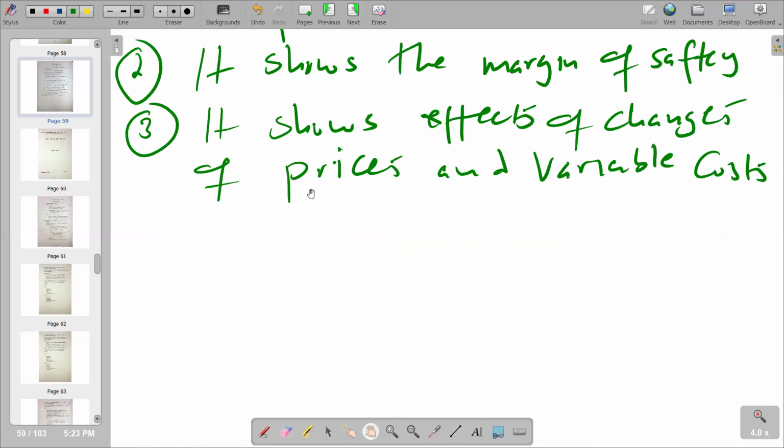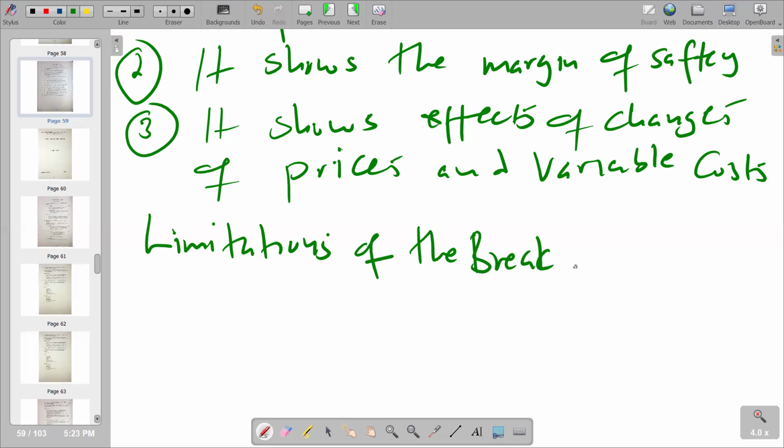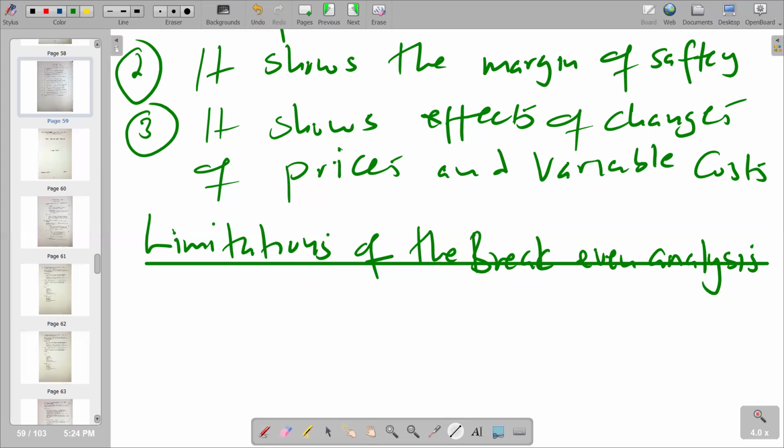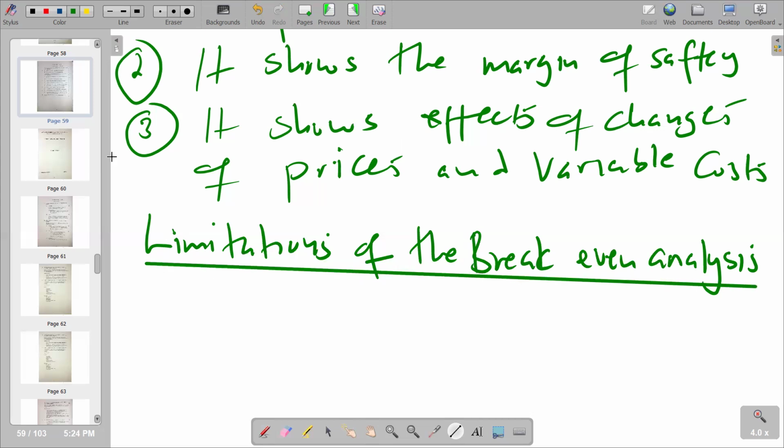Then we'll look at the other side, whereby we are looking at the limitations of the break-even analysis. So this is what we have. I'm trying to see what limitations we have.